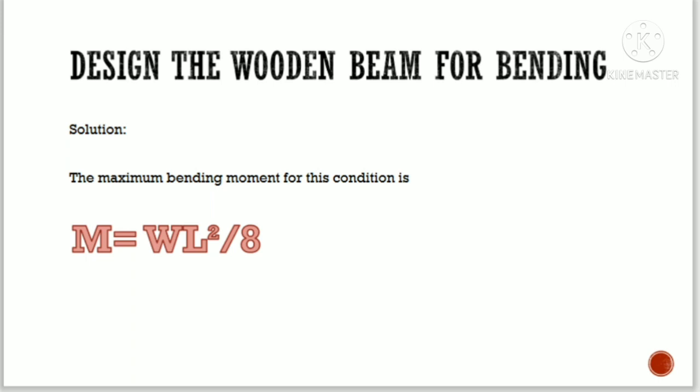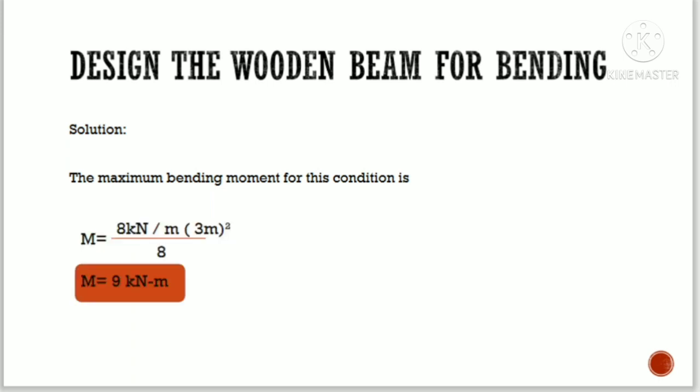First, we are going to determine the maximum bending moment for this condition. The formula is M is equal to WL squared over 8, where W is the uniformly distributed load, and L is the span or length of the beam.